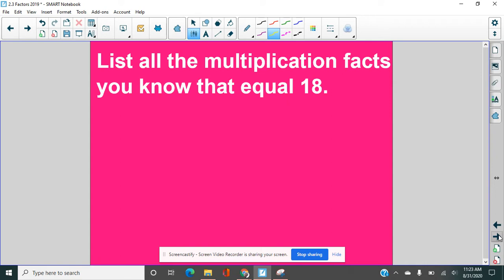List the multiplication facts you know that equal 18. What equals 18? Go ahead. All right, let's see. Well, I like to start with the 1. 1 is always going to be a factor. 1 times 18 equals 18.